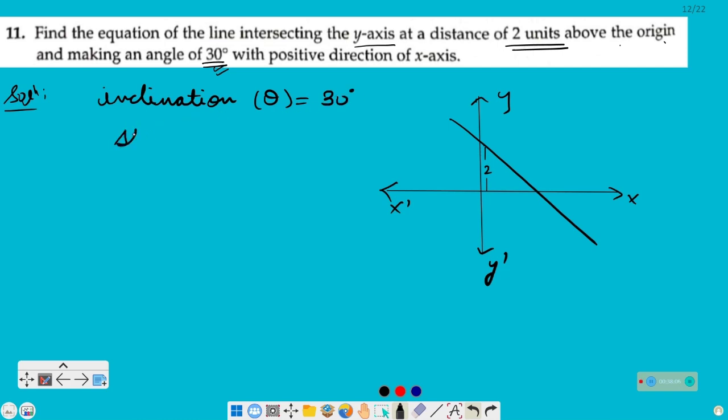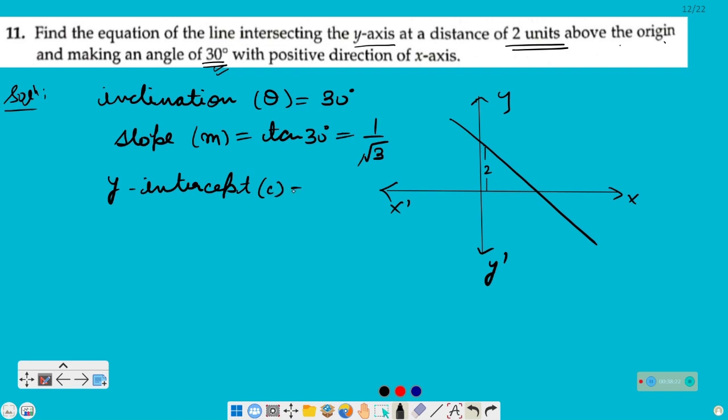Inclination is 30 degree. It means slope of line will be tan 30, 1/√3. And y-intercept, because it is above the horizon, it means it will be positive.